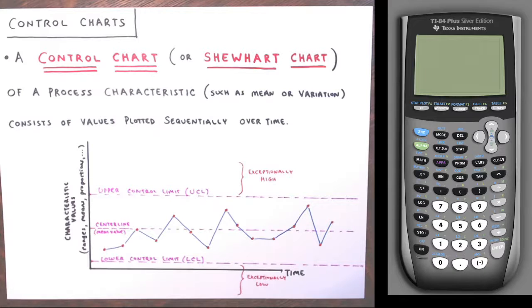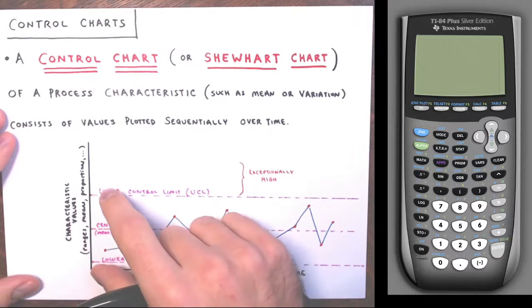If you recall the last video on run charts, one of the criteria that would make us determine that a process wasn't in statistical control was if there were data values that were exceptionally high or exceptionally low.